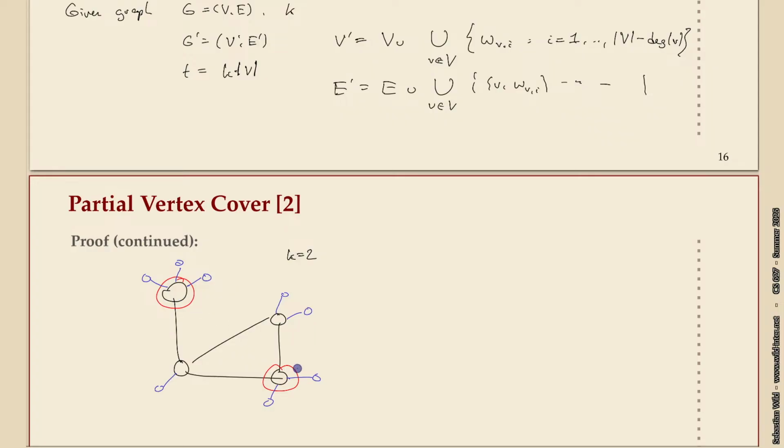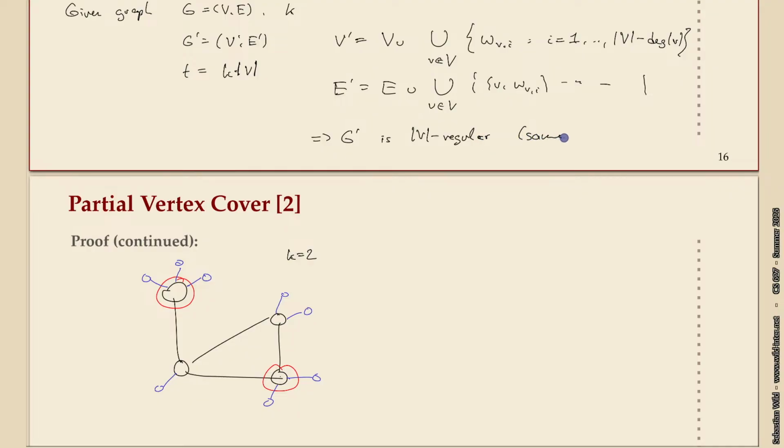If you pick the red vertices, then the resulting graph G prime is regular, which means all the vertices have the same degree. And then the best way to cover edges is if the edges are disjoint. If there's no edge between any 2 red vertices, then every red vertex covers size of the vertex set many new edges, and they don't overlap. And that's exactly the case when the selection was an independent set in the previous graph.